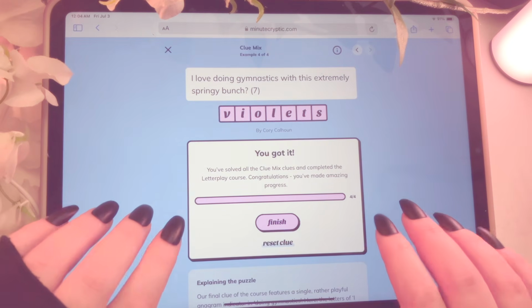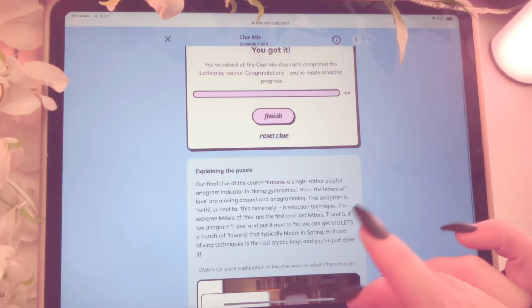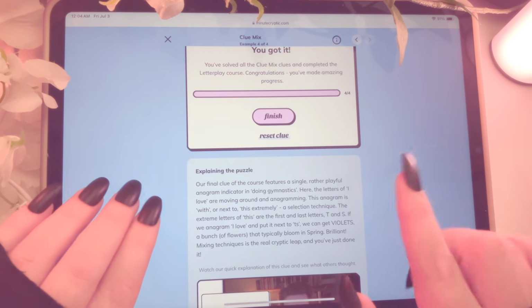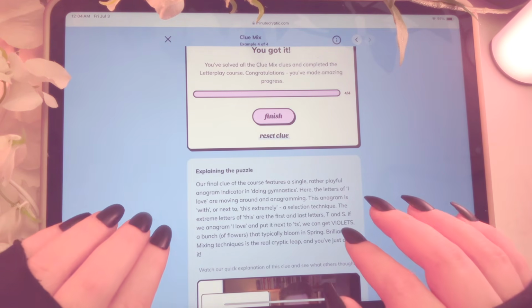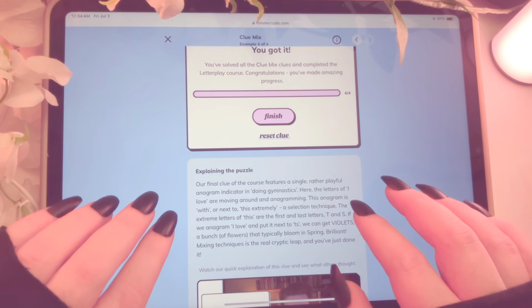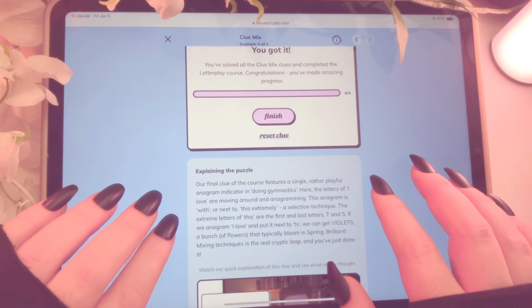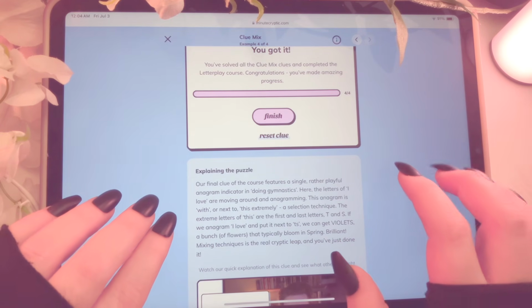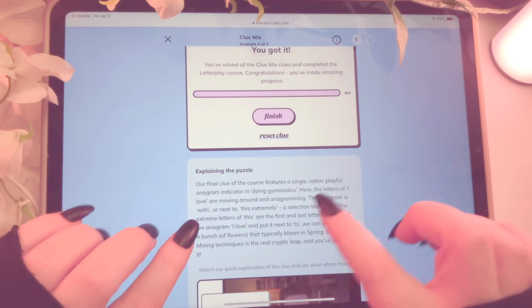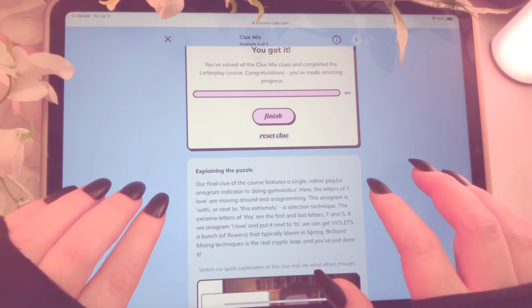And we got it. Yes, it says here, our final clue of the course features a single, rather playful anagram indicator in doing gymnastics. Here the letters of I love are moving around and anagramming. The anagram is with or next to this extremely, a selection technique.